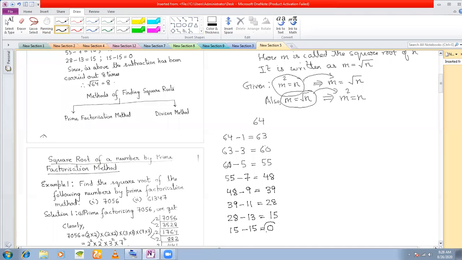So we have come to this 0, which obviously means 64 must be a square number.